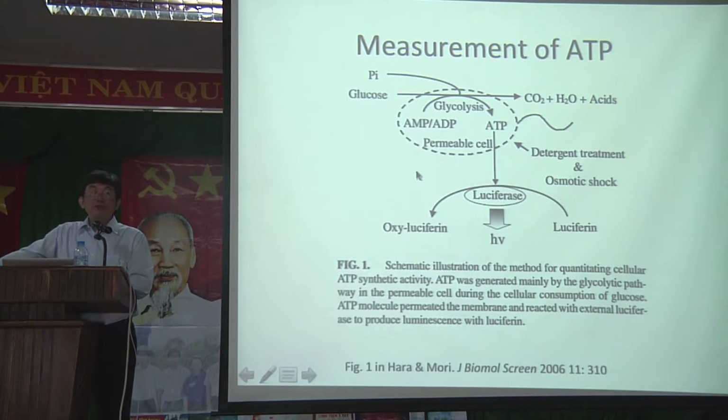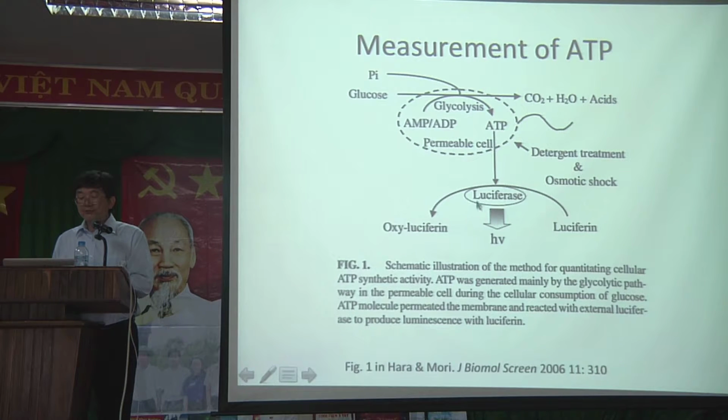ATP measurement is very important in the analysis of energy metabolism, and these days people use luminescence methodology. Basically, when you lyse the cells, the ATP in the cells would become accessible and would be in contact with the luciferase enzyme that you put into the reaction mixture.